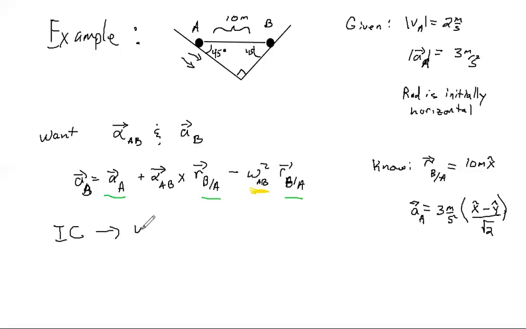And then once I have that omega AB and all the other information, I'm going to work out the acceleration of B and alpha AB. Okay, so that's the plan of attack. Let's go through that.